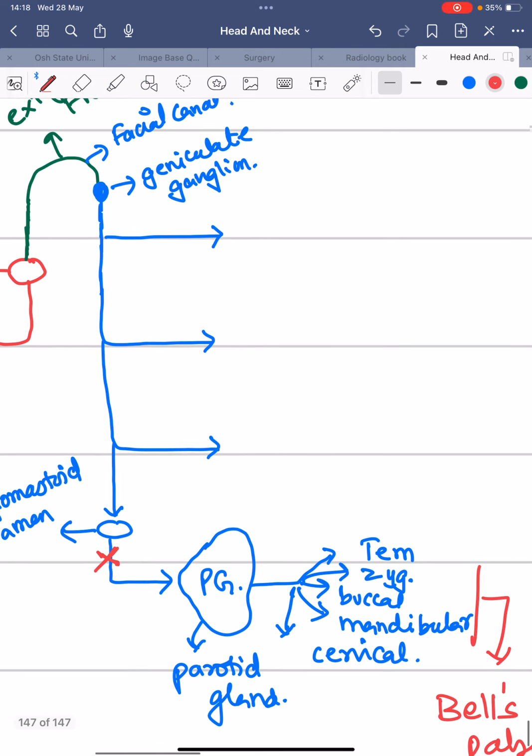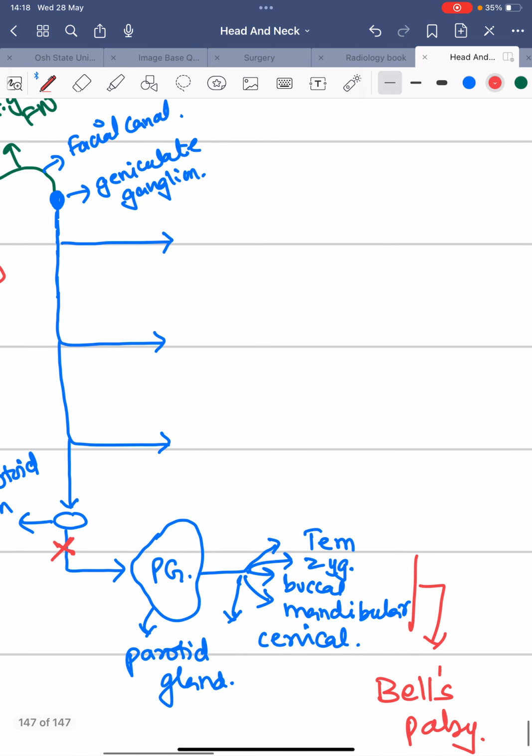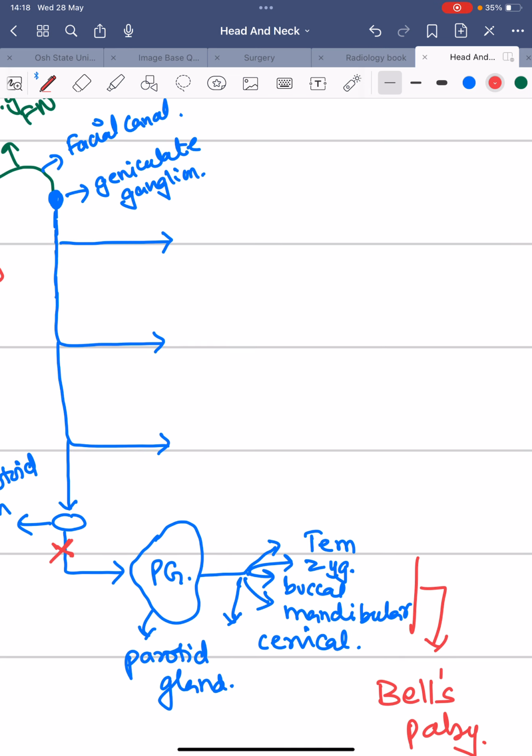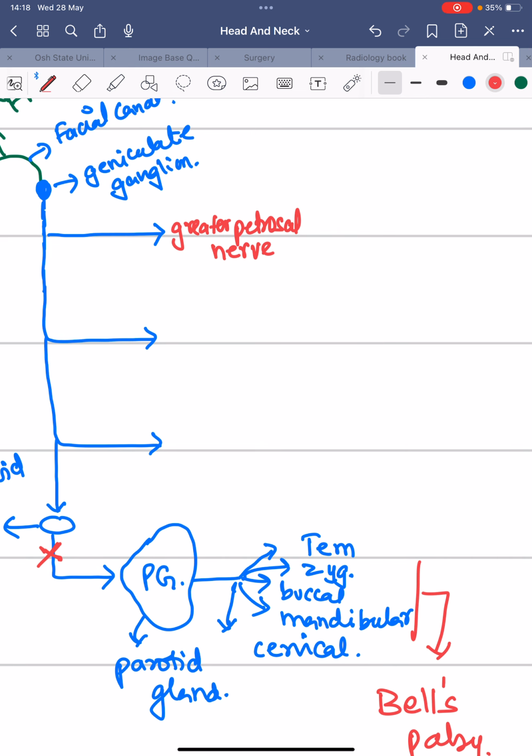Now these 3 branches of the facial nerve. This branch here, this is known as the greater petrosal nerve. This is your which nerve? Greater petrosal nerve. So see here, the greater petrosal nerve arises from the nerve at the geniculate ganglion.